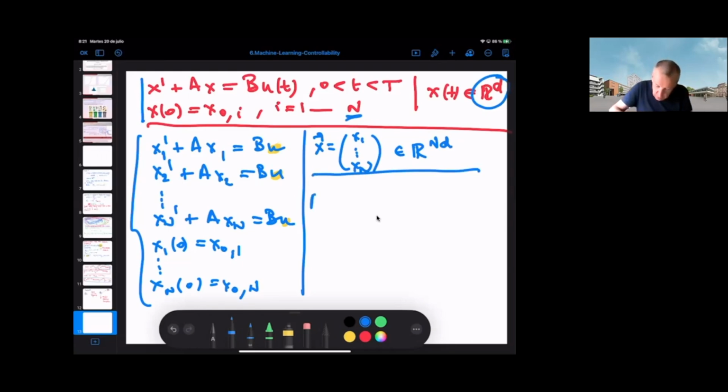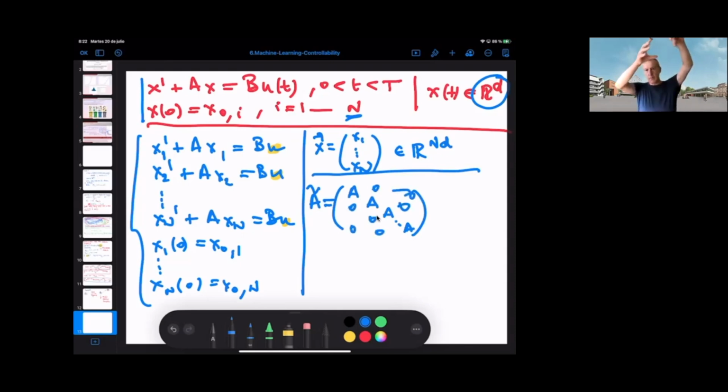There is a huge matrix A tilde, which is generating the dynamics, and it's a matrix which is diagonal, zero otherwise, in which you reproduce a matrix capital A in every element of the diagonal. So, of course, this is a matrix in Nd times Nd, because each of these matrices is a d by d matrix, and I have n of them.